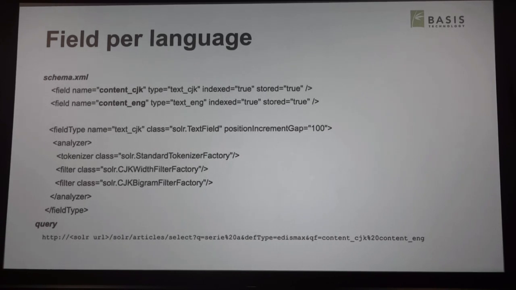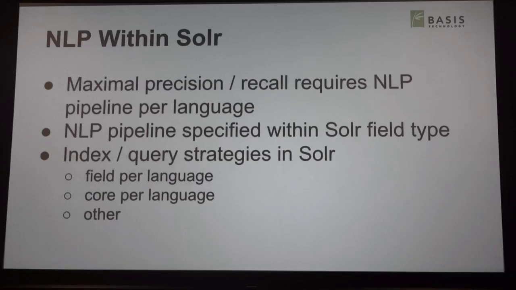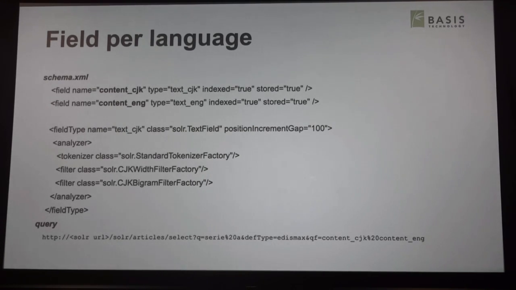So how does this look in your Solr schema? Field per language. This is a very simple example where you just define two fields. I define content CJK and content ENG. And here's an example of the field type for text CJK. This is basically the vanilla Solr way of defining a field that is Chinese, Japanese, or Korean. Going back to this slide, I say max precision and recall requires an NLP pipeline per language, and then I just specified a pipeline that lumps a bunch of them together.